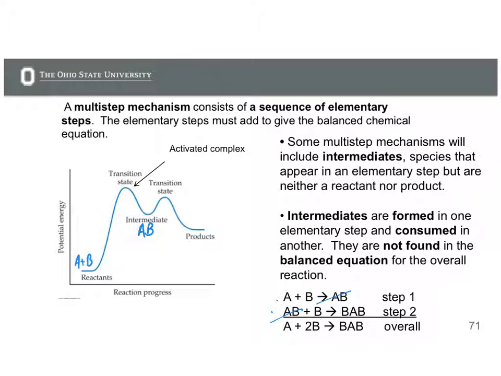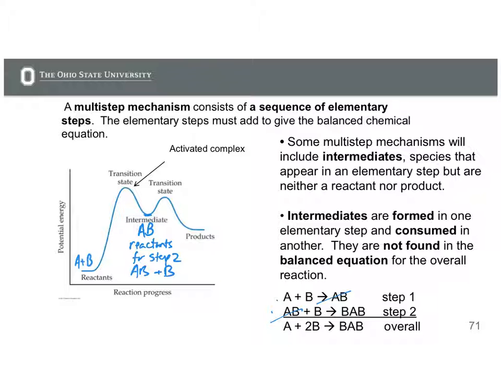The other thing to keep note of is that this valley represents the reactants for the second step. So really in this valley, it's AB plus B. Okay? So in the valley is going to be any intermediates and the reactants that'll show up in step 2.